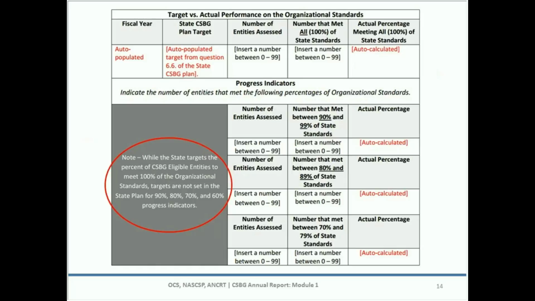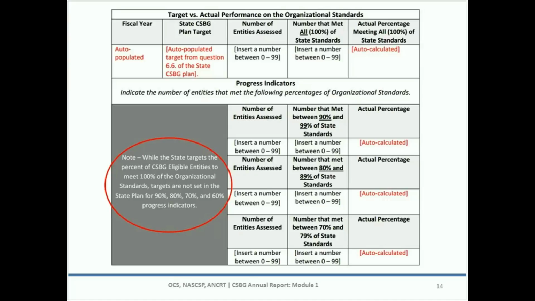Then we're going to have the states enter the number of entities assessed in their states, and then of that, how many met 100% of the state standards. We heard from the network in the multiple comment periods that we had that this was understood to be the org standard measure, but that there was also a need to have additional information.